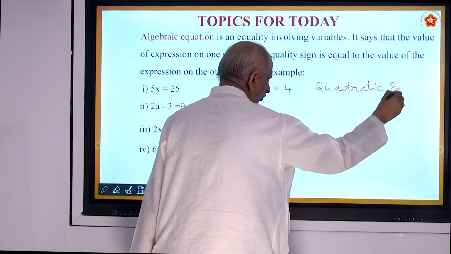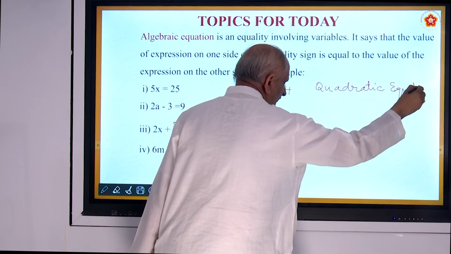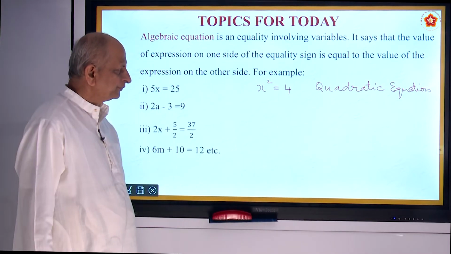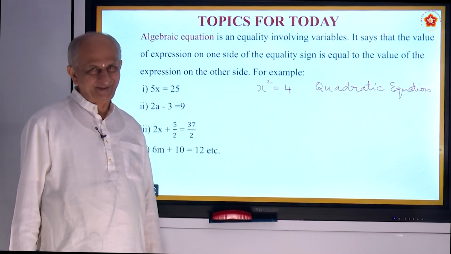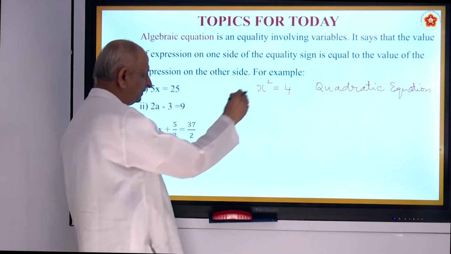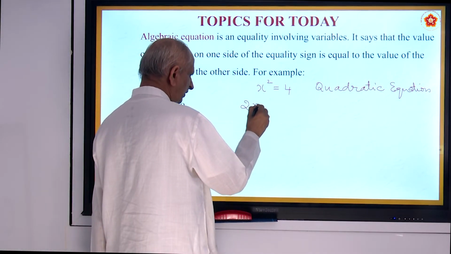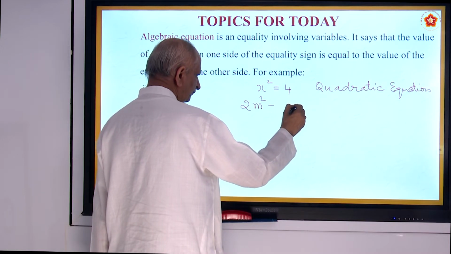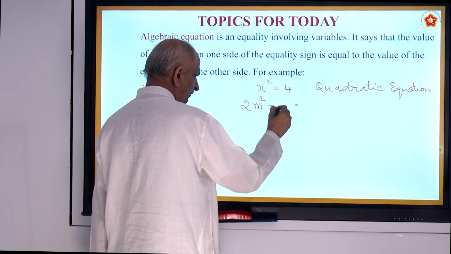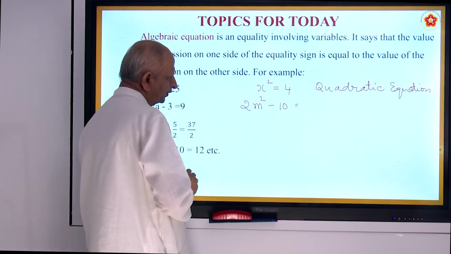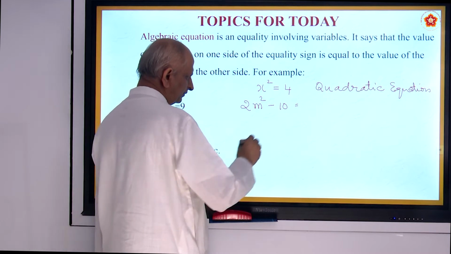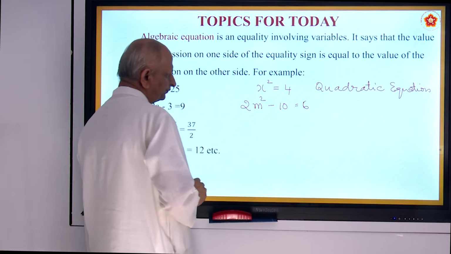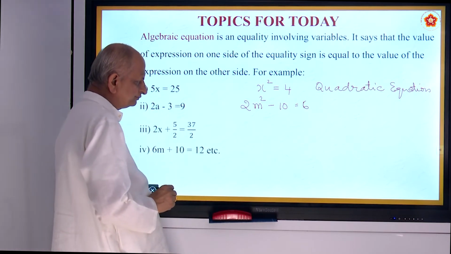An equation having one unknown of 2 degrees. It may be like this, or you may have 2m squared minus 10 is equal to say 6. That is also a quadratic equation.